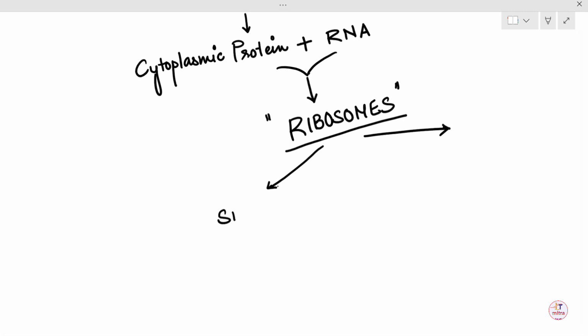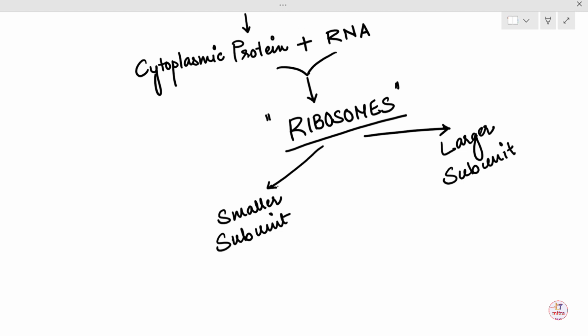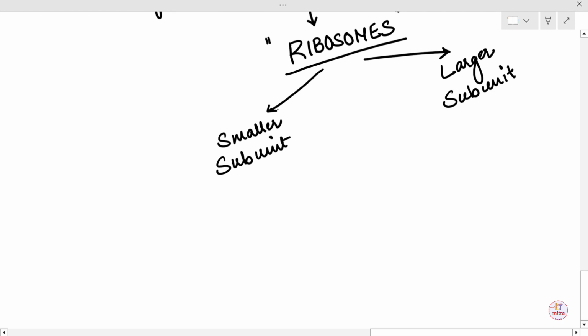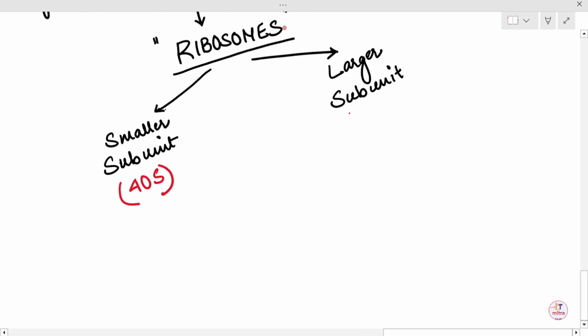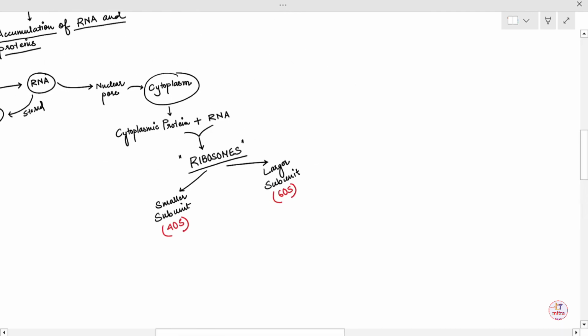One is the smaller subunit and the other is the larger subunit. The smaller subunit is the 40S ribosome and the larger subunit is the 60S ribosome. Okay, fine.